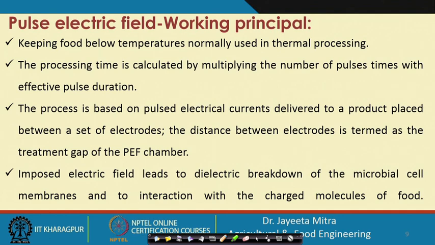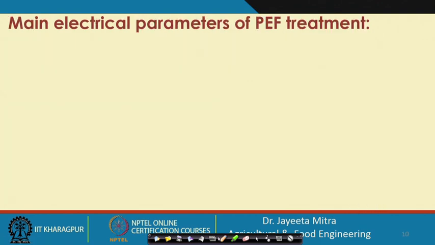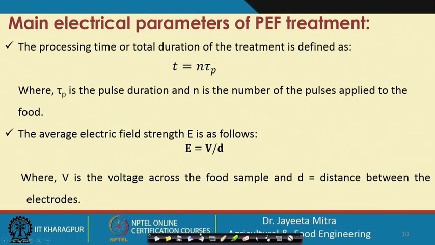Now, the imposed electric field leads to dielectric breakdown of the microbial cell membrane and to interaction with the charged molecules of the food. So, the processing time or the total duration of the treatment is defined as T equal to N into tau p, where tau p is the pulse duration and N is the number of pulses applied to the food.